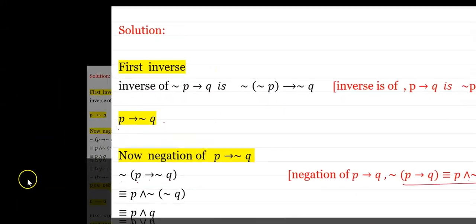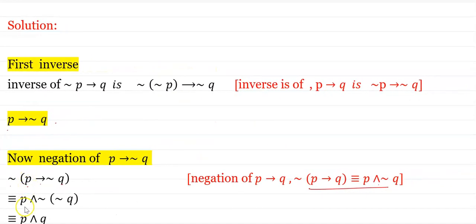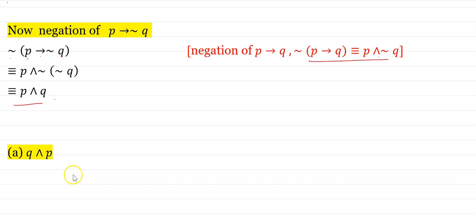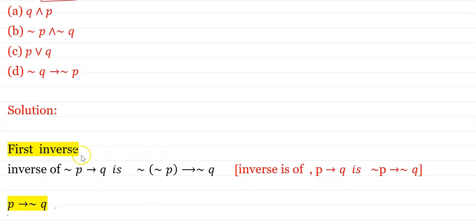And therefore here we write P as it is and negation of Q. But here already there is a negation. Therefore negation in bracket negation of Q. Negation of negation Q is Q and therefore we have P and Q and hence the option A is a correct one.